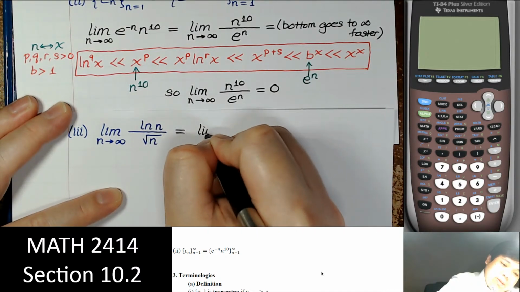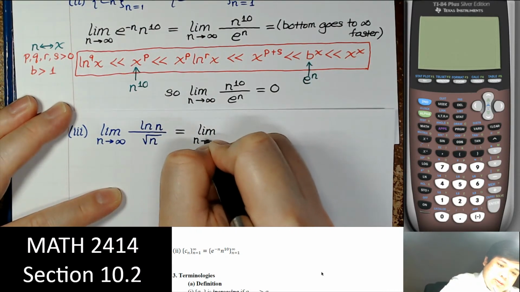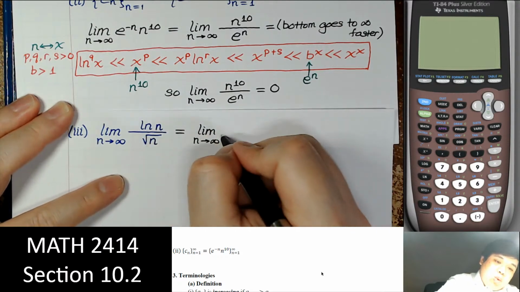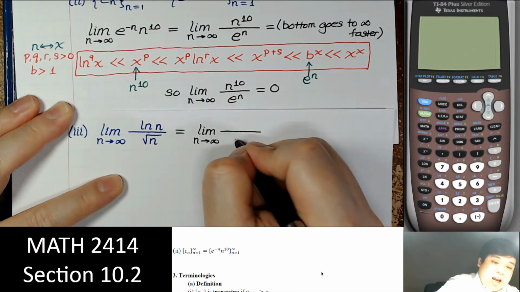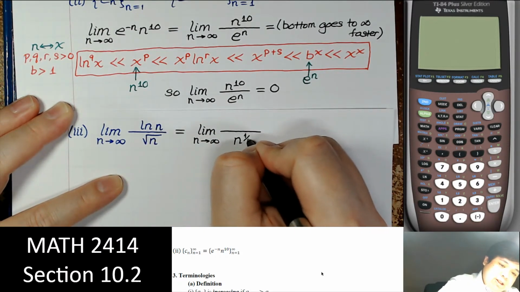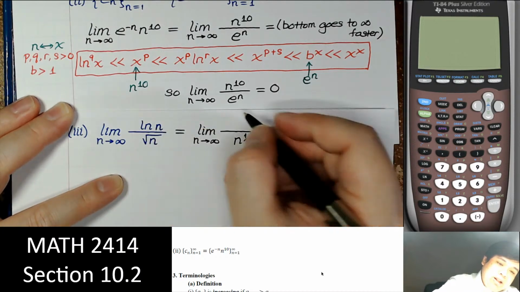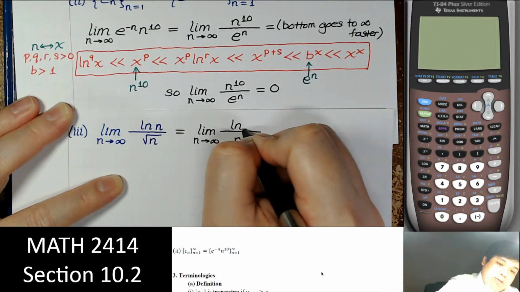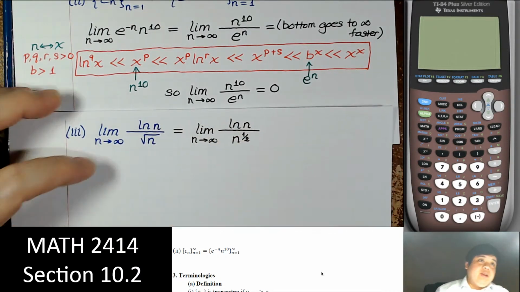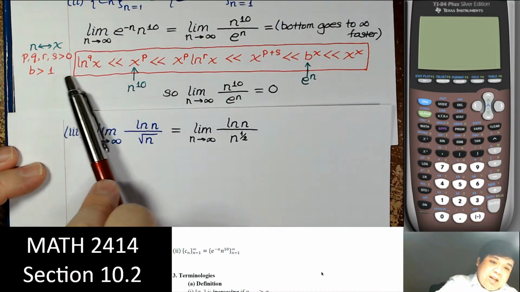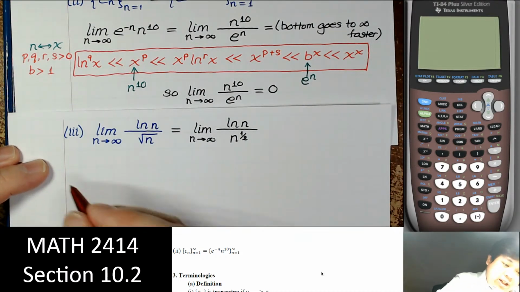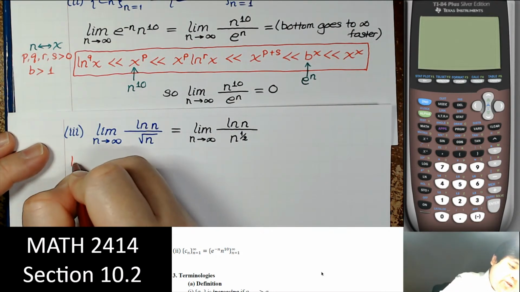So square root of n, we can write that as n to the 1/2. And ln of n is just ln of n. Right. Now, like I said, write that somewhere where you can reference it quickly.